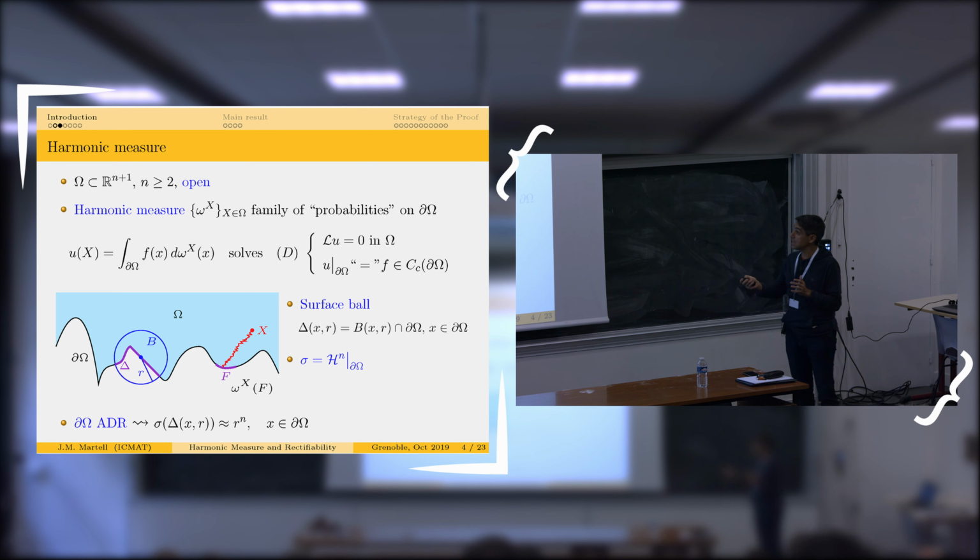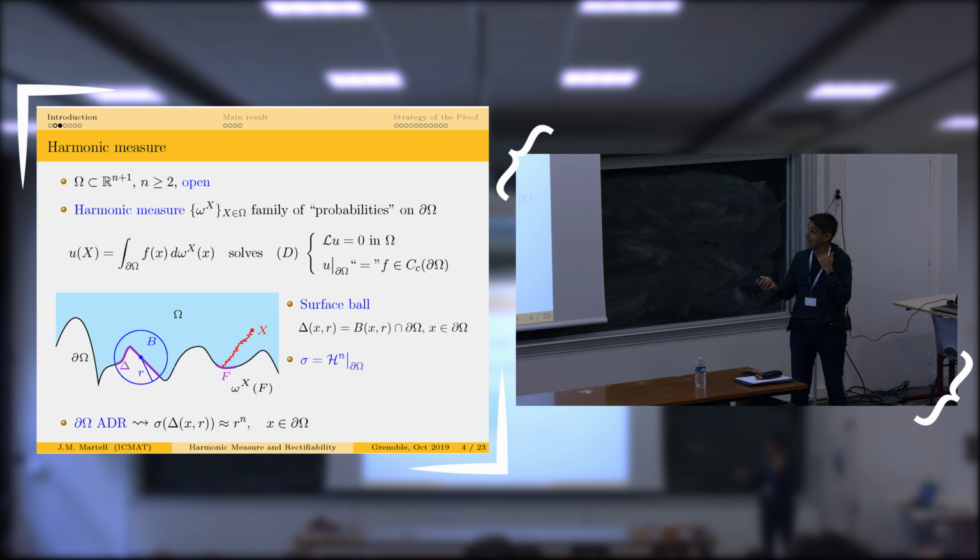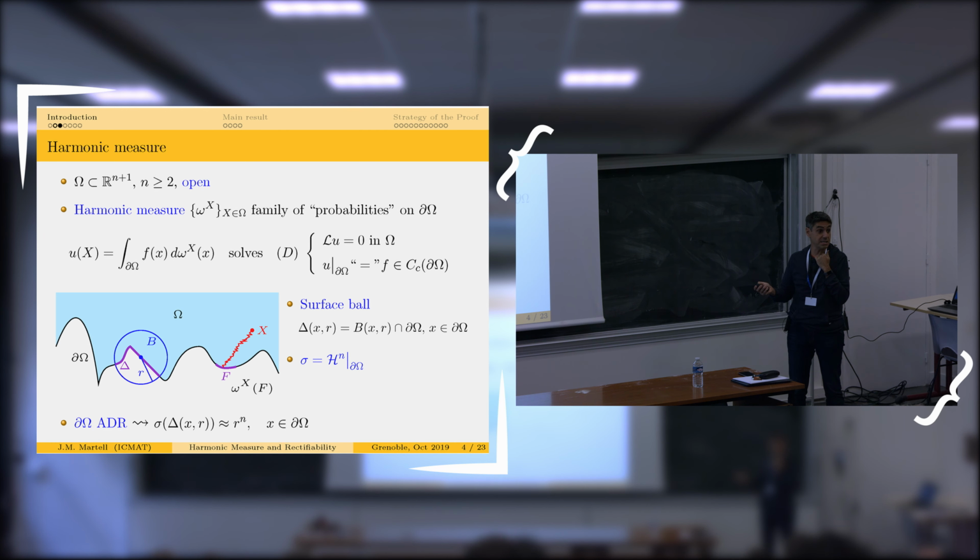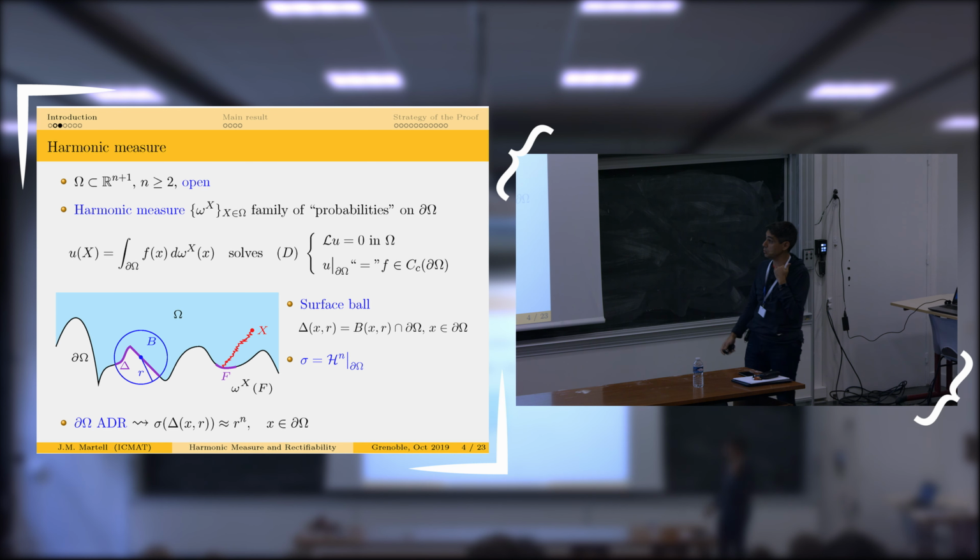But still, there is an abstract procedure. You give me the data, and I construct something that is like the solution with boundary data. And because of the maximum principle and the Riesz representation theorem, this solution is in the dual of the continuous functions with compact support, which is the set of Radon measures. So that is why I have this probability thing. For every x, this is what you do, right? This is the way you construct solutions. This is our candidate for the solution.